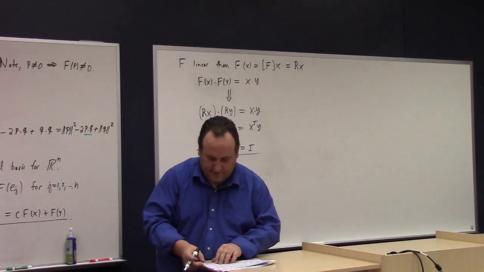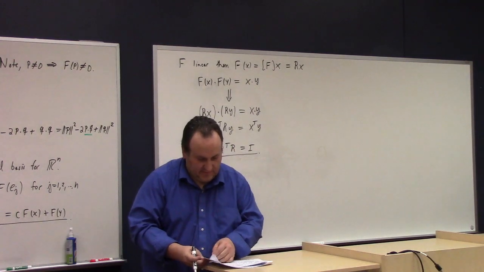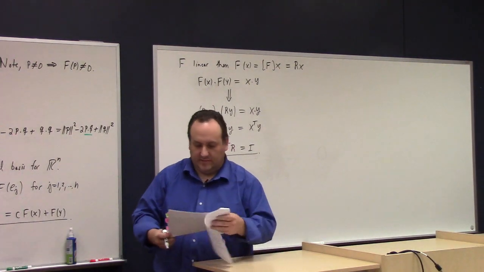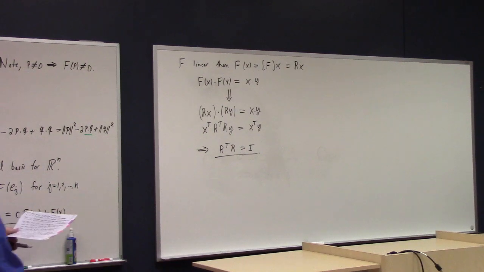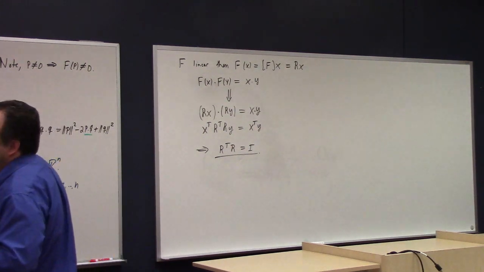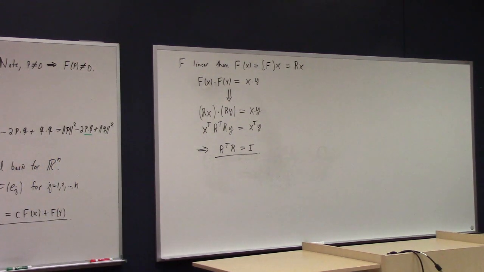So what's next? Next theorem. All linear functions are isometries? Well, that's not true. But the next thing, oh no. Oh man.